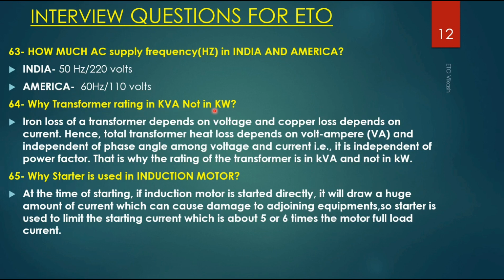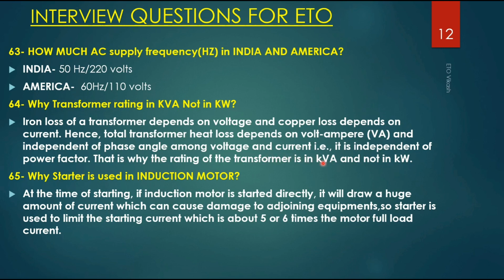Why is the transformer rated in kVA, not in kilowatt? The reason is that the iron loss of a transformer depends on voltage and copper loss depends on current. Hence, the total transformer heat loss depends on volt-ampere and is independent of the phase angle between voltage and current, and independent of power factor.